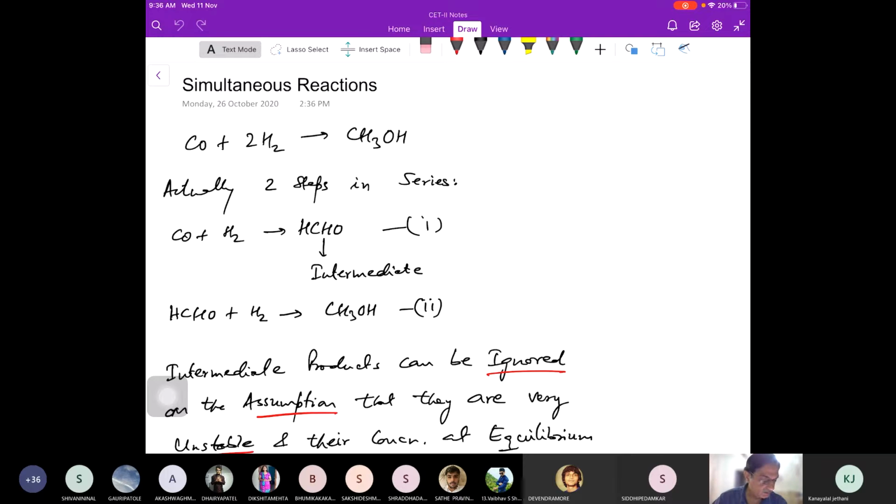Okay. So if you take a reaction for the formation of methanol from CO and hydrogen, this is the reaction which is given here. But actually there are two steps in series. First is CO plus hydrogen gives HCHO, which is an intermediate, which reacts with hydrogen again to give methanol.